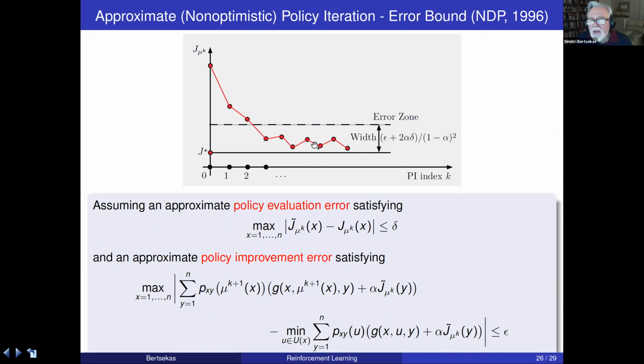Small size oscillations or not so small size oscillations, and different kinds of oscillation for different states. So this error bound reflects practical behavior and gives you just about all the insight you're going to obtain from error bounds. It says it's proportional to epsilon, proportional to delta, and inversely proportional to 1 minus alpha squared.